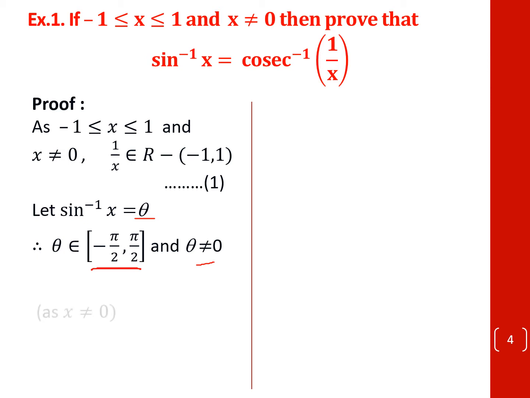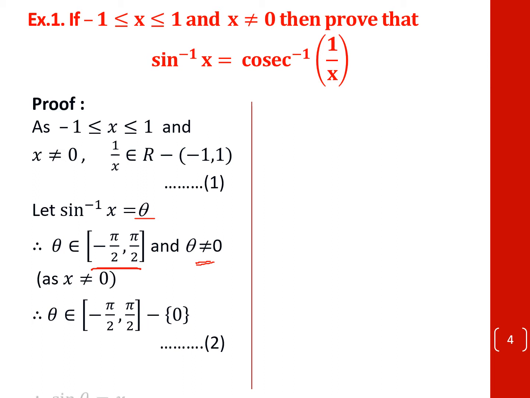As x is non-zero, θ is also non-zero. Therefore, θ belongs to [-π/2, π/2] minus {0}. We will remove 0 where this 1/x does not exist. Call it 2.